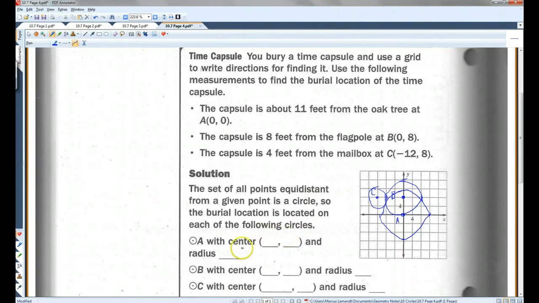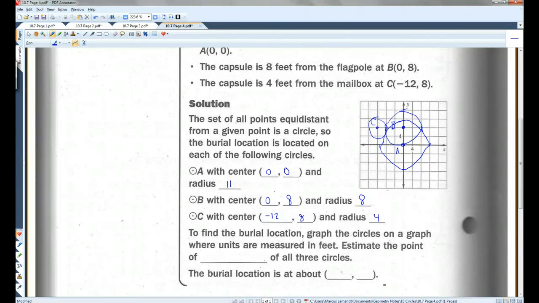Let's see. So, circle A with center (0, 0) and radius 11. B with center (0, 8) and radius 8. C with center (negative 12, 8) and radius 4. To find the burial location, graph the circles on a graph, which we just did, where all the units are measured in feet.